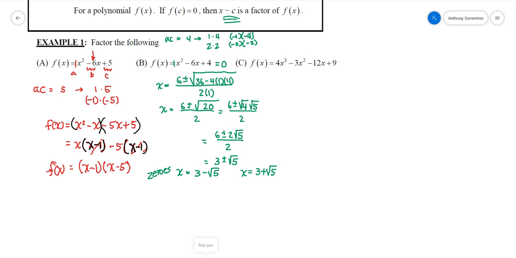So the factors for B would be x minus (3 minus square root 5) and x minus (3 plus square root 5).